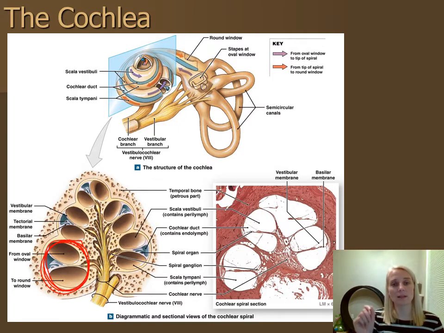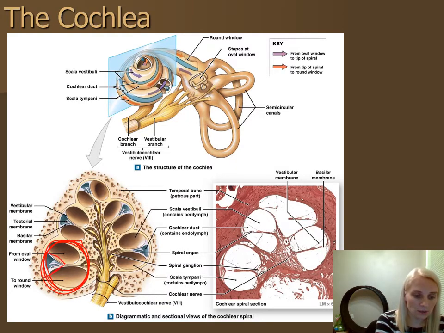In this one slice, we can identify the bony labyrinth, the membranous labyrinth, and where we're going to find the perilymph and the endolymph. Here, this little triangle piece, within that is the membranous labyrinth. And within that, the blue, this is going to be our endolymph. And in these spaces, this is our perilymph.